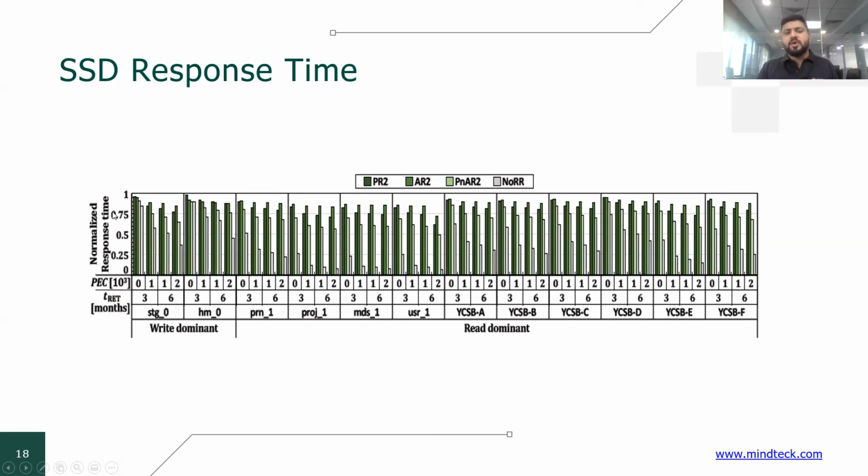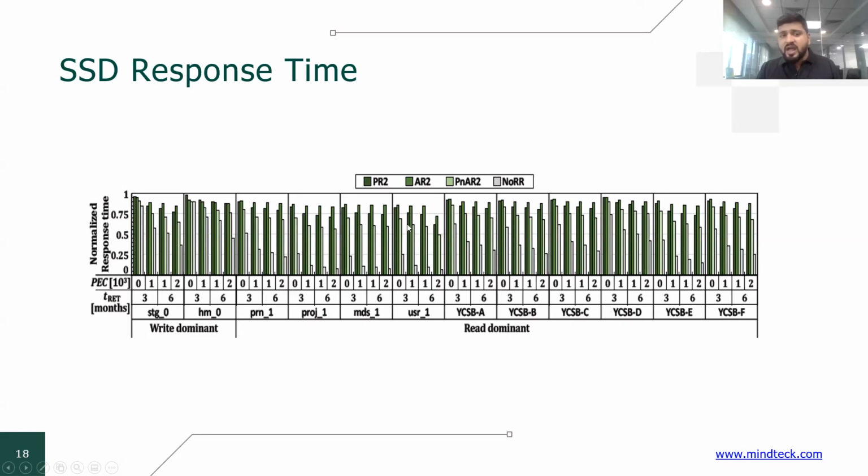And what is the response time when read retry appears? We compared these separately: pipeline read retry, separate adaptive read retry, a combination of pipeline and adaptive read retry, and no read retry. As you can see in all the graphs, no read retry is always the best. But what happens if read retry is happening?